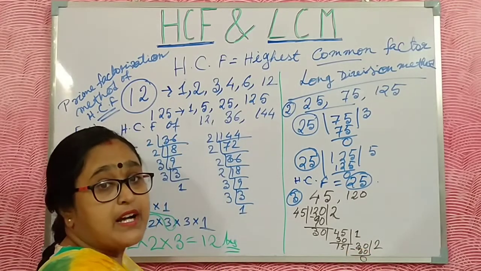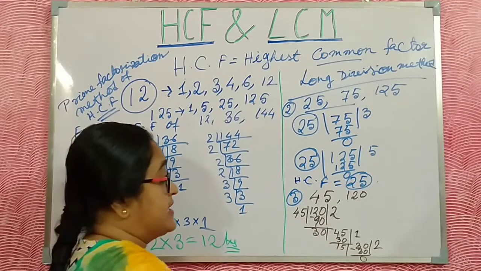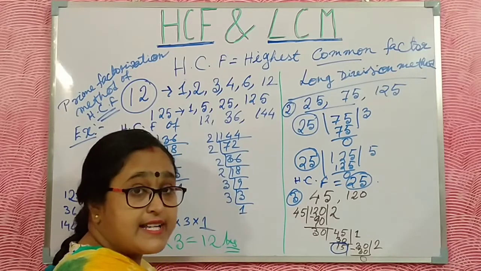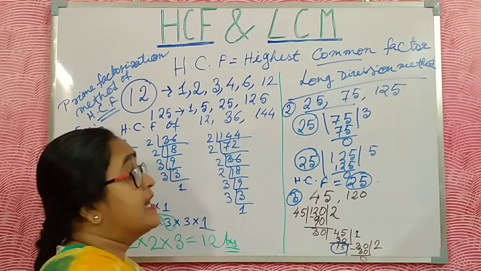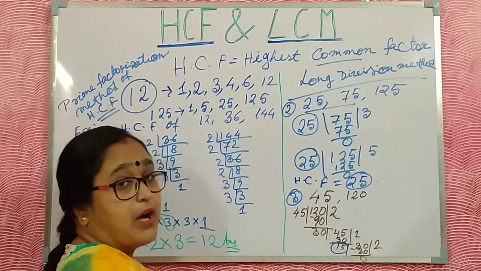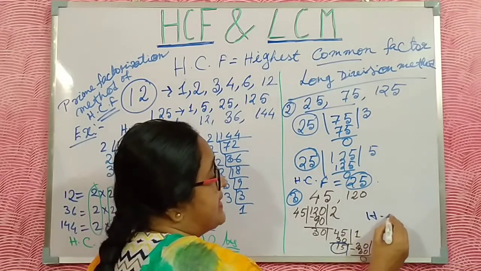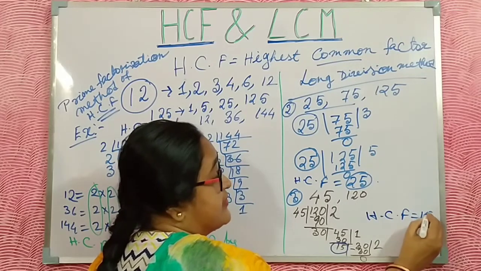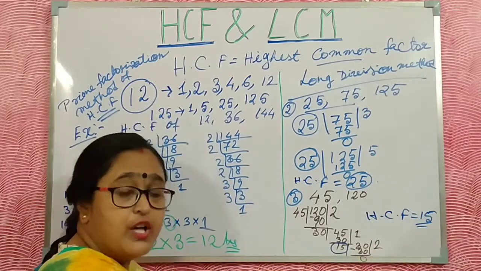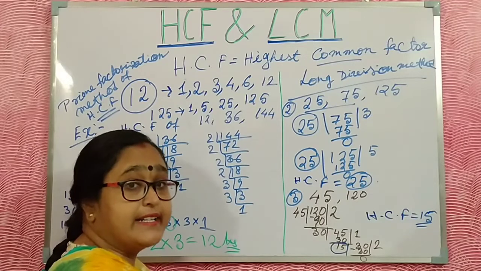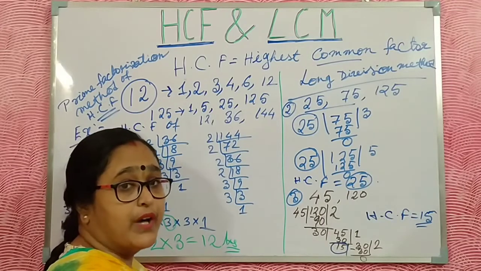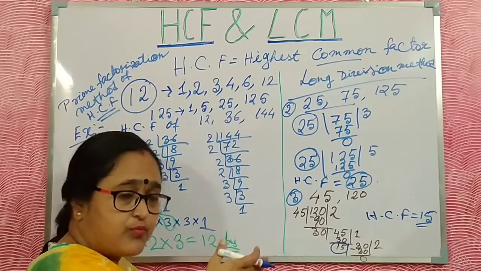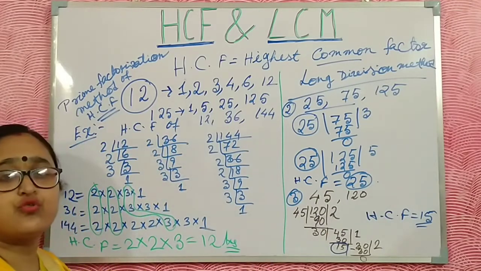When the remainder becomes 0, the divisor is the HCF of the two numbers. So the HCF of 45 and 120 is 15. Just follow this process and do the maths.